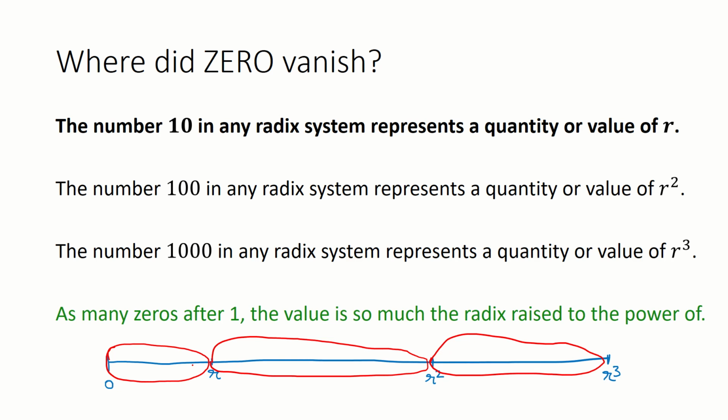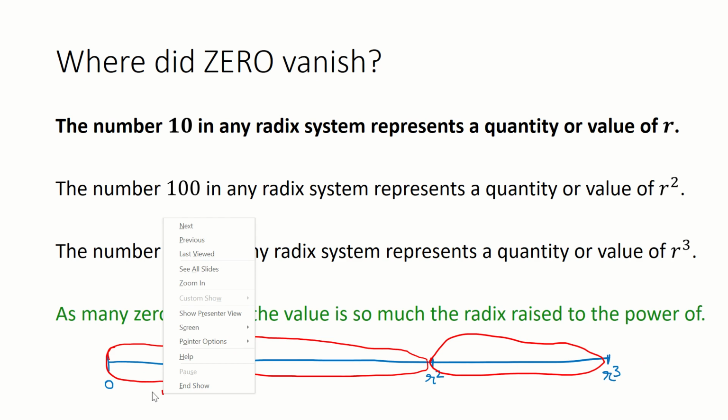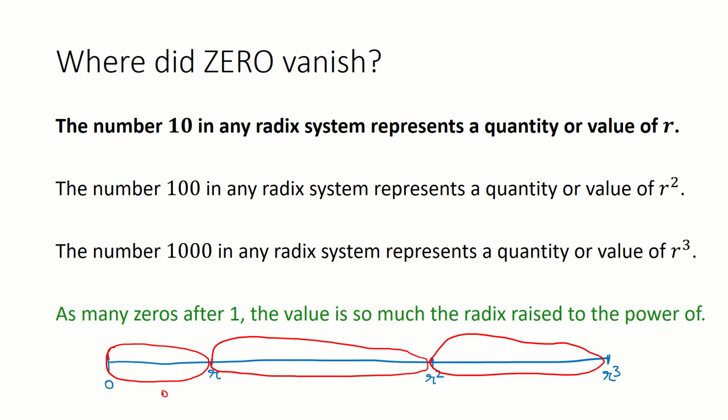So, we have as if broken down or separated the entire real line into different sets, where this particular set can be represented by only a single position. So, only the 0th position is able to represent this set of numbers. So, in this particular position, you can have the digits from 1 to r minus 1 placed in the 0th position.